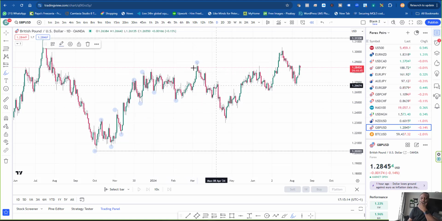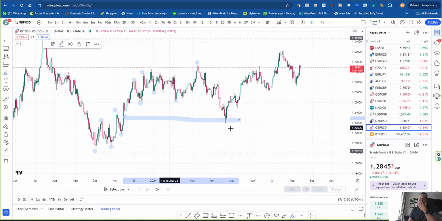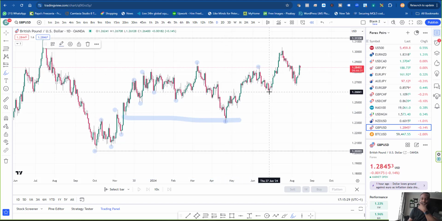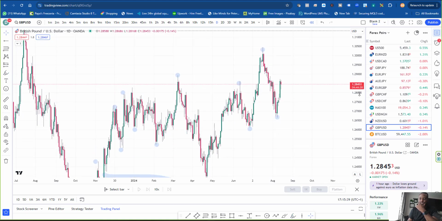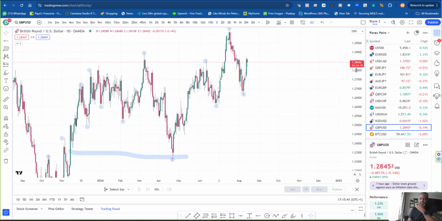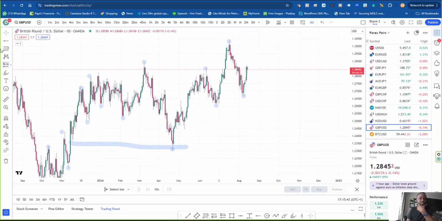Then gave us this drop here, but that is because price came into this area here to take a few orders from here, and then continued to give us that low, then a high, then higher low, higher high. And then price pulled back into this area here. So once price pulled back into this area, it was time for us to take a look and see whether there is some bullish momentum there.